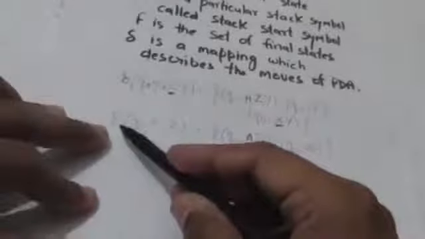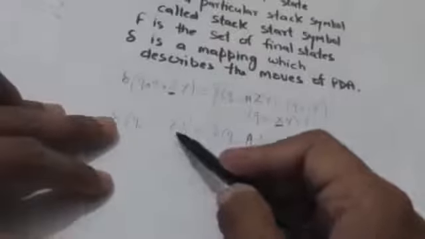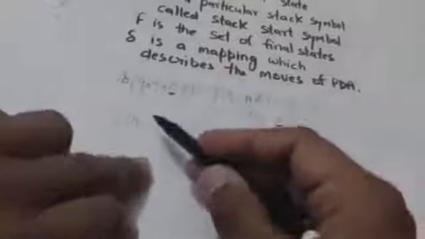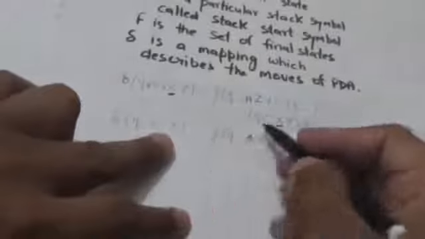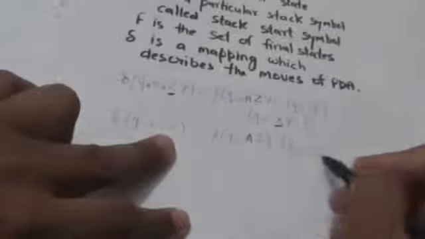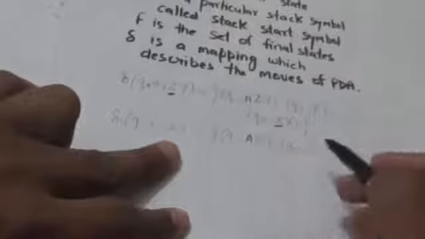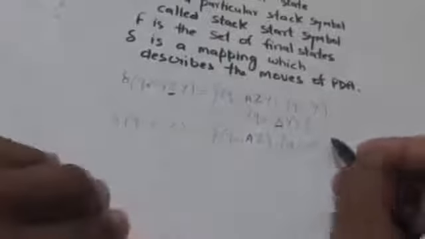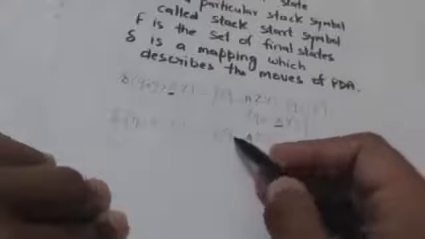Now see this move, delta of Q, epsilon, Z. Now it is equal to a set having two elements. One is (Q1, AZ), another is (Q2, epsilon). Now see what it shows.